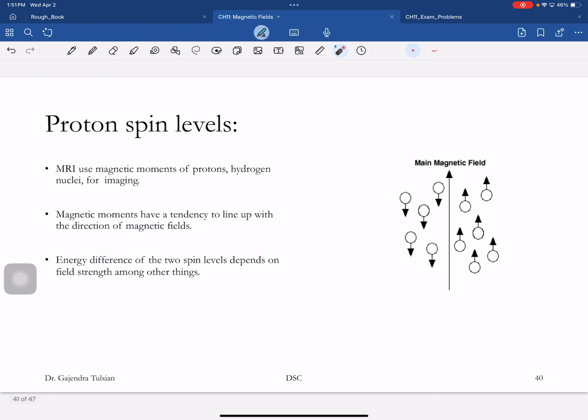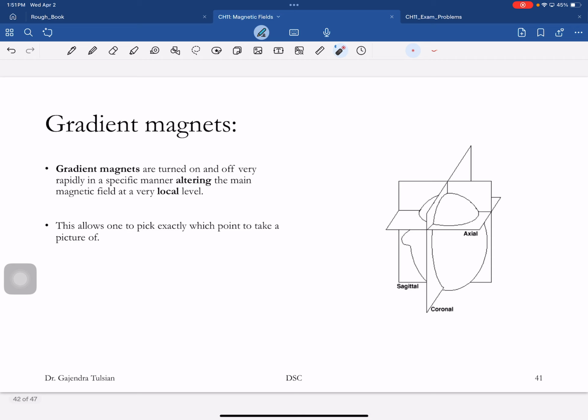Okay. So here's the proton, there's the magnetic field. This is the low energy state, there's the high energy state. Magnetic moments of protons, hydrogen nuclei, are used for imaging. Gradient magnets are turned on and off very rapidly in a specific manner, altering the magnetic field at a very local level.